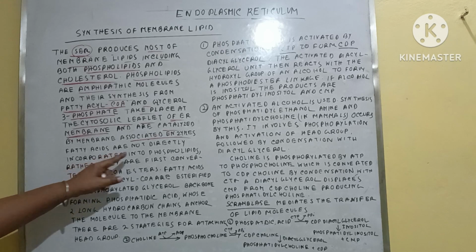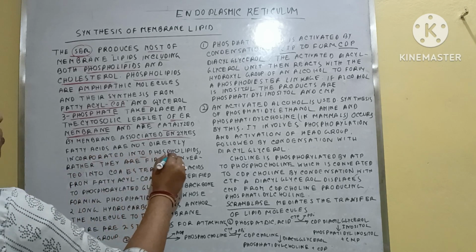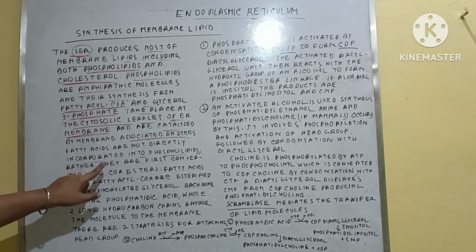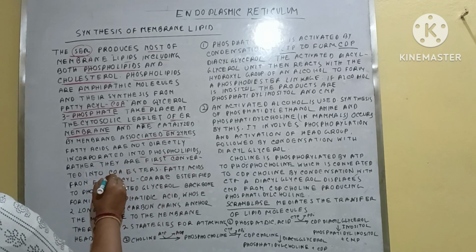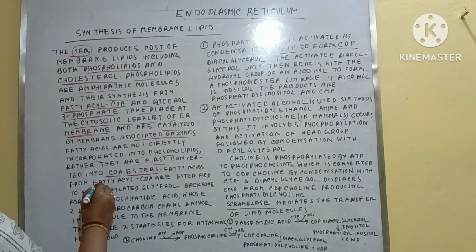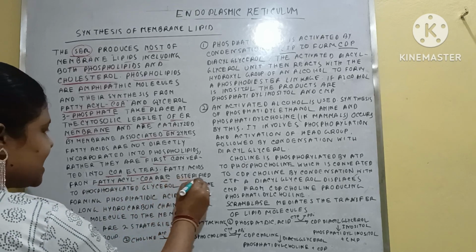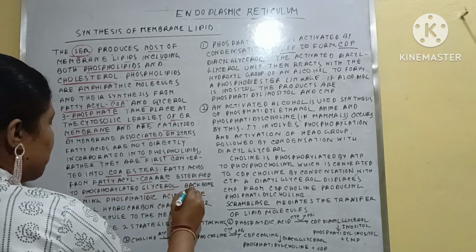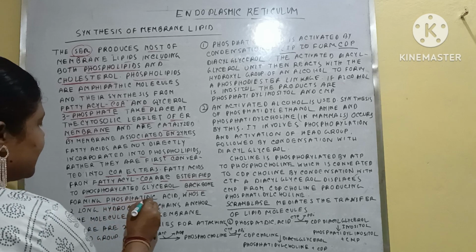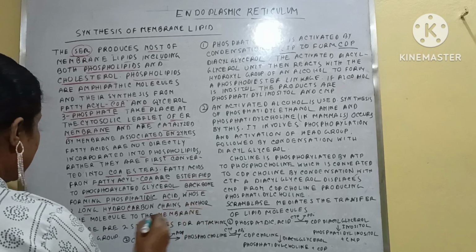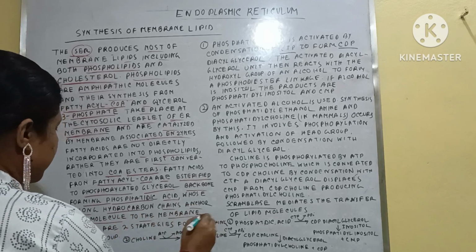These fatty acids are not directly incorporated into the phospholipids. Rather, they are first converted into CoA esters, and the fatty acids from fatty acyl CoA are esterified first to a phosphorylated glycerol backbone, forming phosphatidic acid, whose two long hydrocarbon chains anchor the molecule to the membrane.